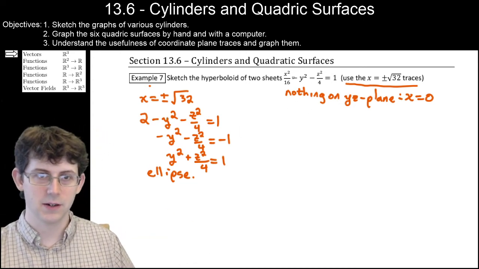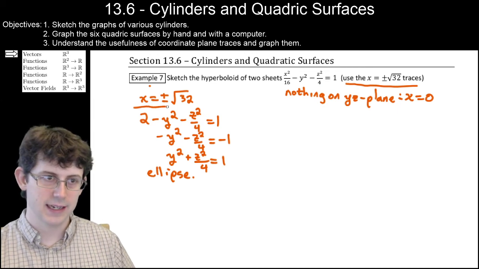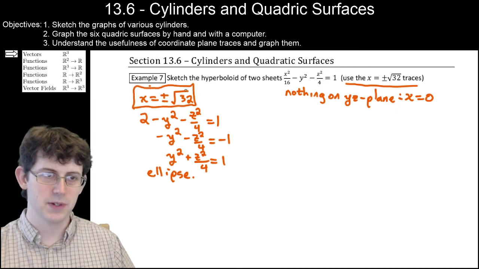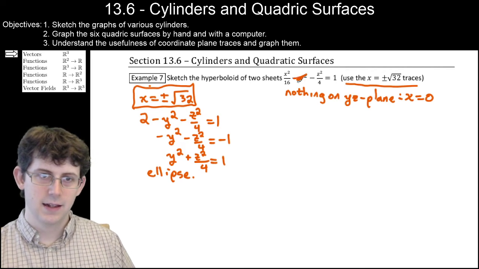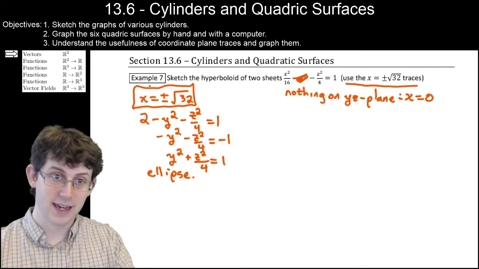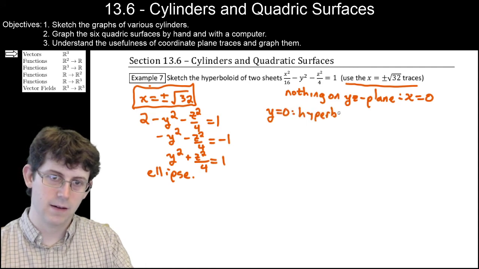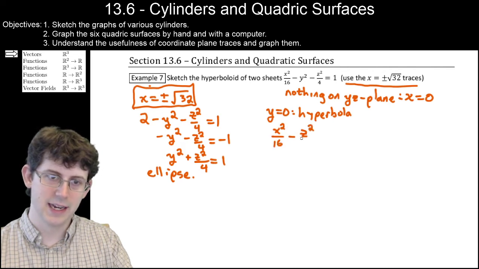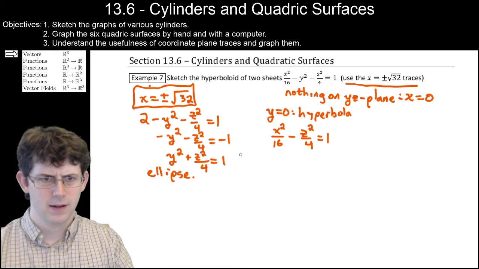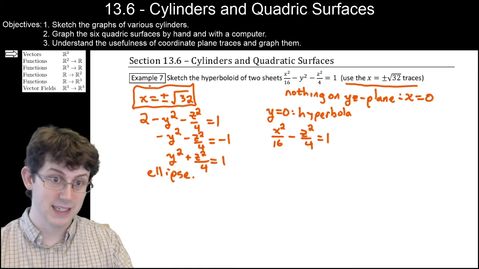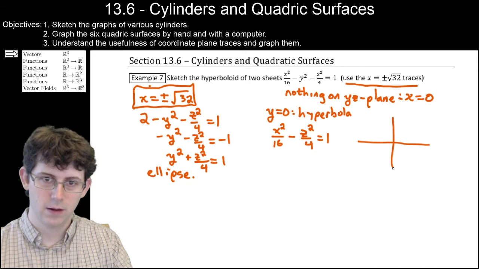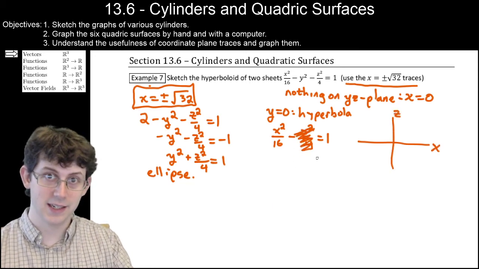Let's try some other coordinate traces. So this was out at certain x values, like between 5 and 6. Let's try y equals 0. Y equals 0 gives us a hyperbola, because one's positive and one's negative, both are squared. The x's go out to 4, the z's go out to 2. If I try z equals 0, I actually get 2 solutions, because I have a square being positive.